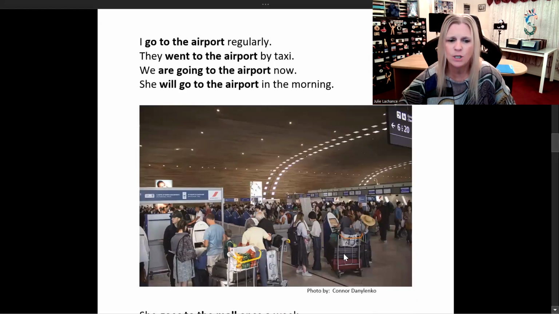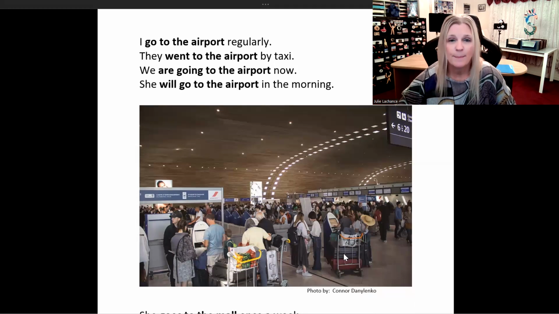So now we've all been to an airport that looks like this, very crowded with a lot of people, all the things you have to have in order: passports, travel documents, all the lineups you have to wait in, maybe some children crying because it's a long day and they're tired.